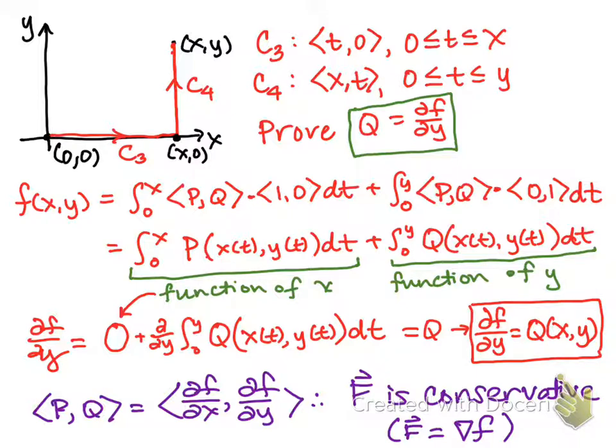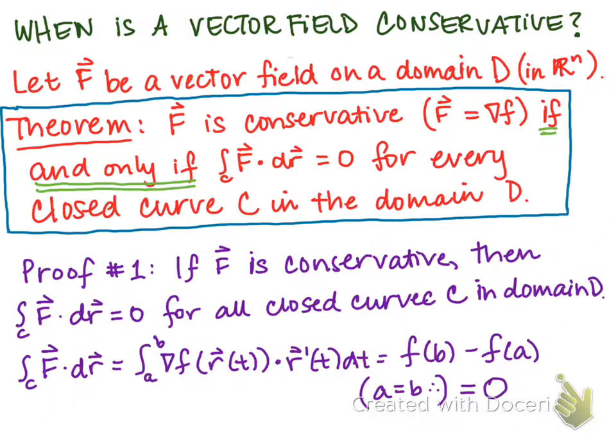Okay, so if we go back to the very beginning, what were we trying to do here? We were trying to prove the theorem that F is conservative if and only if the line integral of F dot dr equals 0 for every closed curve in the domain D. We had already shown the first part when we talked about the fundamental theorem of line integrals.